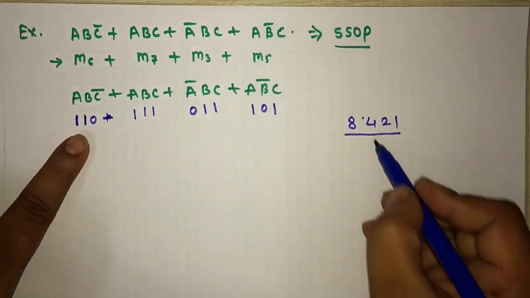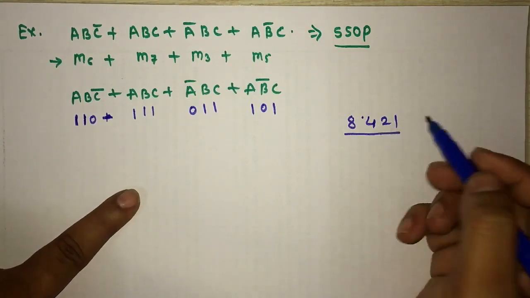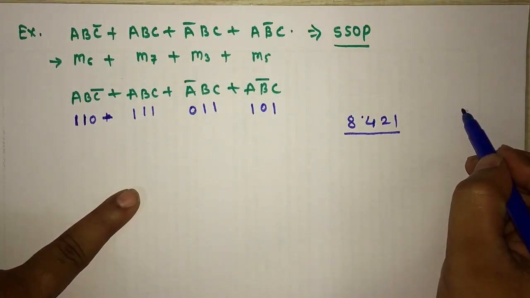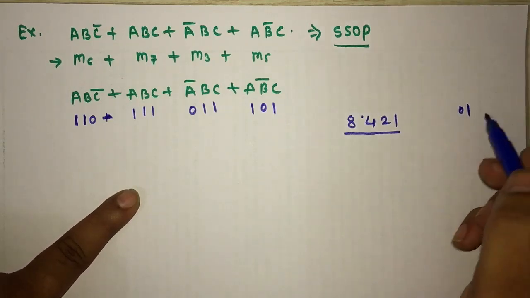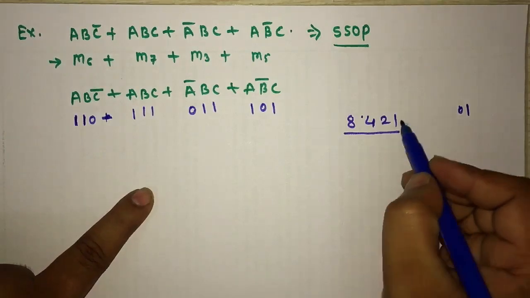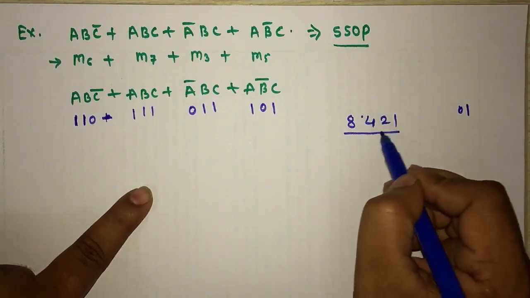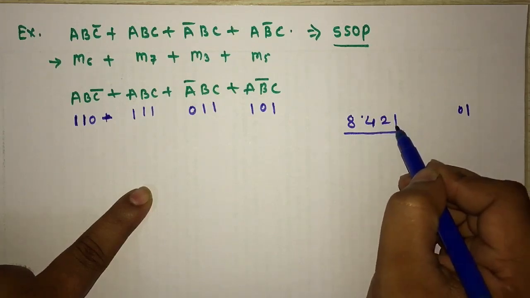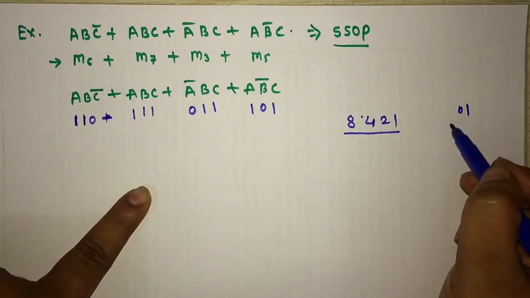Let me explain how to convert any decimal value into binary. Suppose you need to write decimal value 1 in binary form. You have to perform the addition of these numbers so that the addition equals 1, and select only those factors you have taken for the addition.